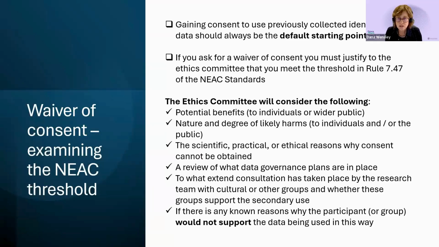It will also ask to what extent consultation has taken place by the research team with cultural or other groups, and whether these groups support the secondary use. If there are any known reasons why the participant or group would not support the data being used, they should be told to the Ethics Committee, and the committee will be really interested in what they might be.